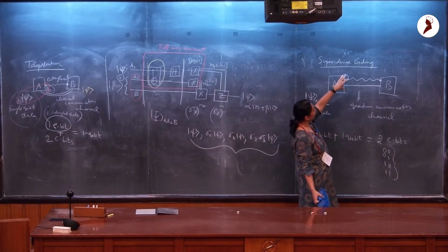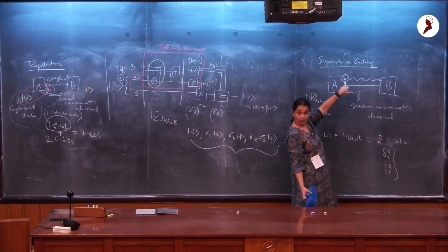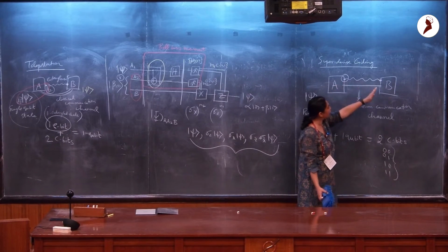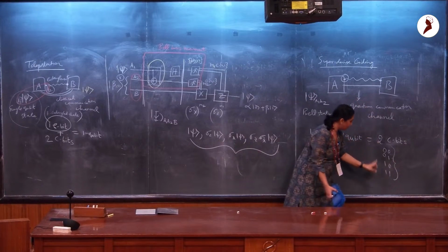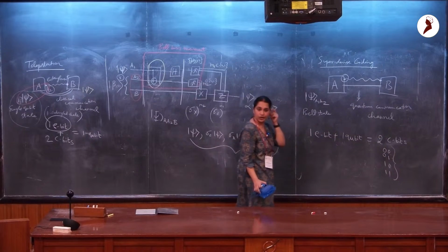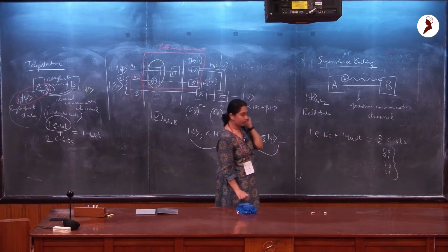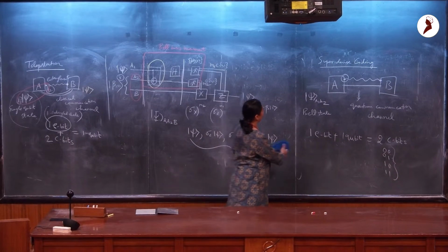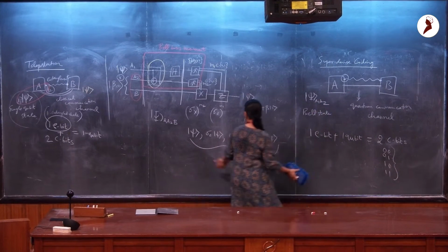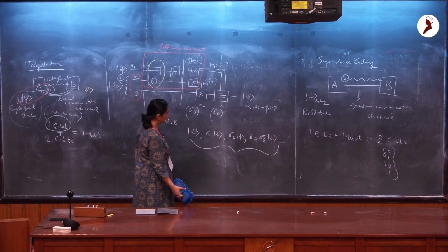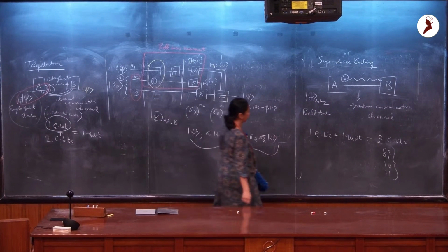By performing local unitary operations on her part and sending across that qubit, she is going to basically communicate one of these 2-bit strings to B. Of course, the unitaries she's going to do are exactly the reverse of the teleportation scheme. So maybe you already see what is happening.